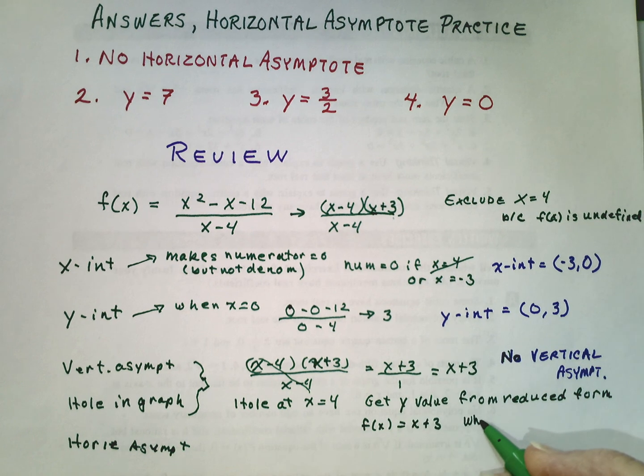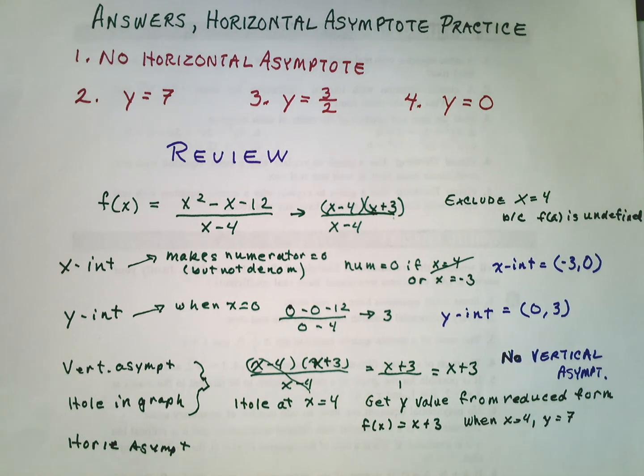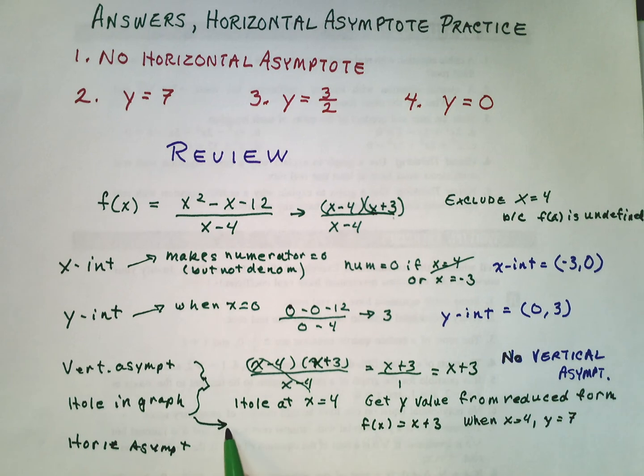When x equals 4, y equals 7. So we have a hole in the graph at the point, just a single point, 4, 7.